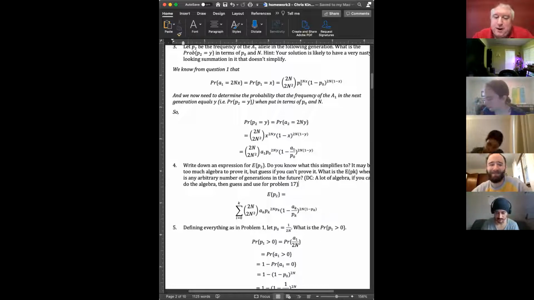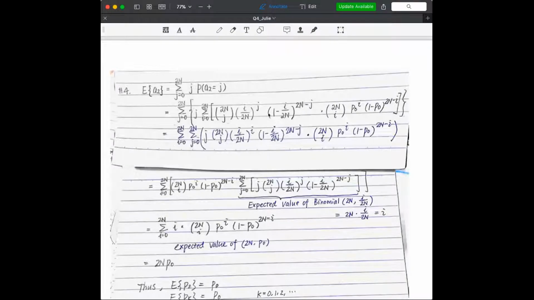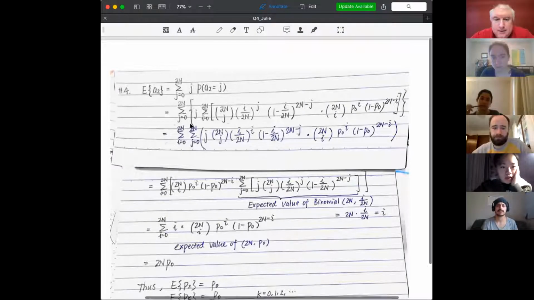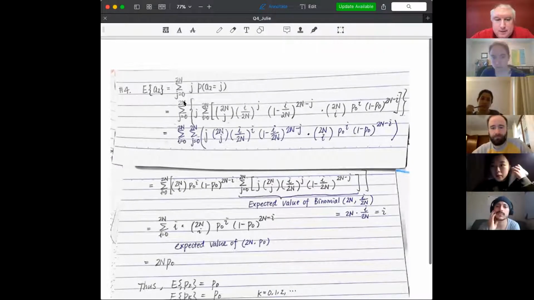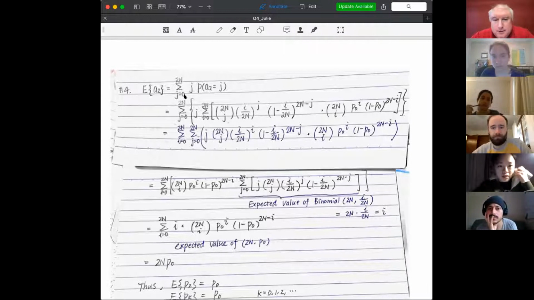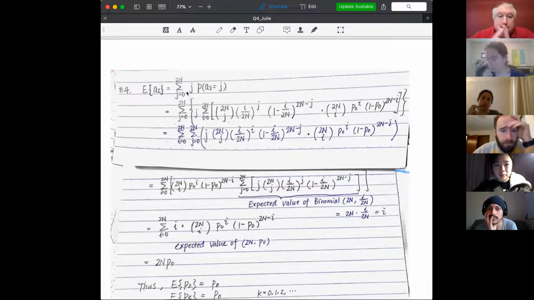Does anyone want to show off how they did this algebra? Yeah, sure, because I just figured it out a few minutes ago. So you set up the problem because the expected value is the summation of x times px.